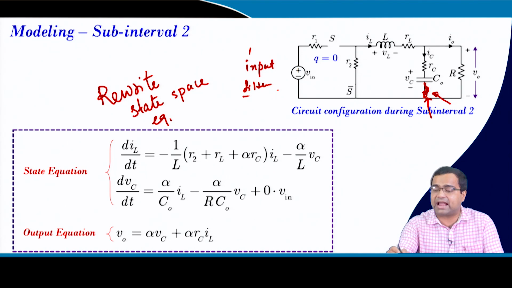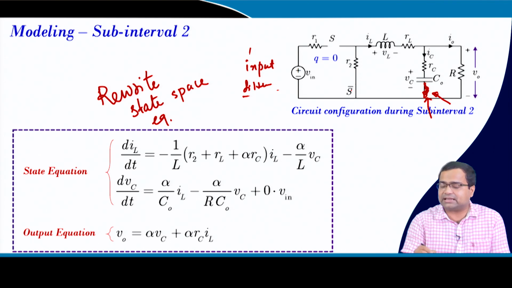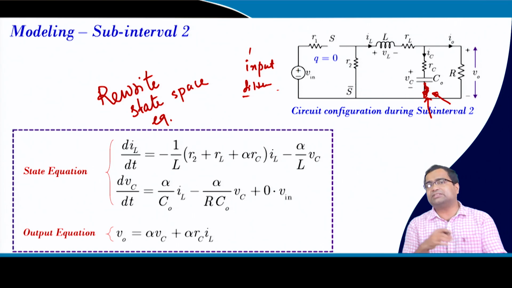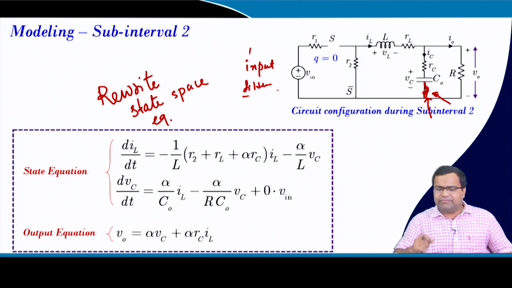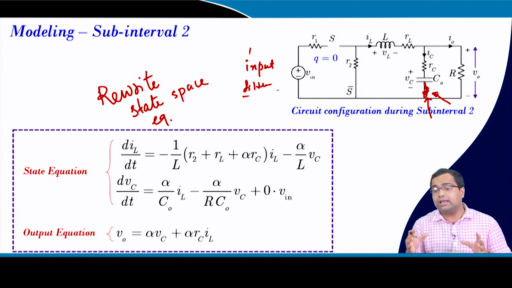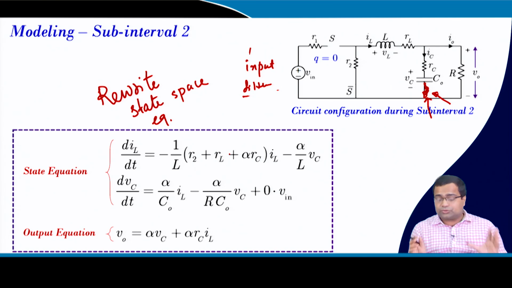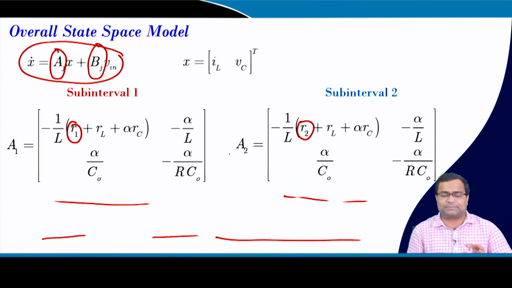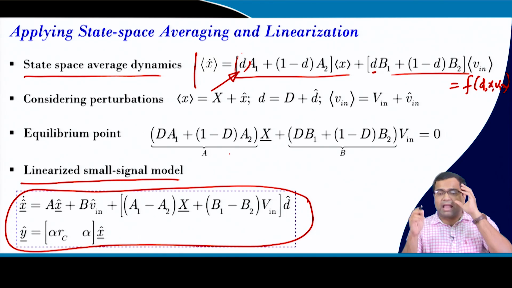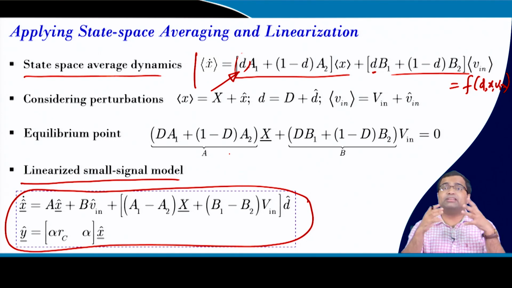Even if you add just a small resistance, only the coefficients of the A matrix will change, but if we add an energy storing element, the dimension of the state space will change. So, one of the major drawbacks of the state space model is that once you add some circuit element, you have to rewrite the equation.